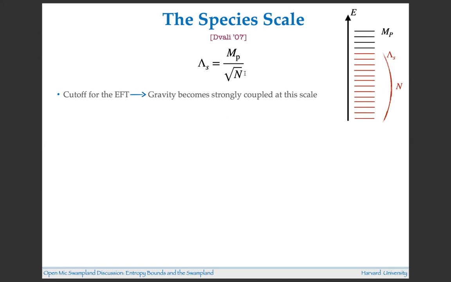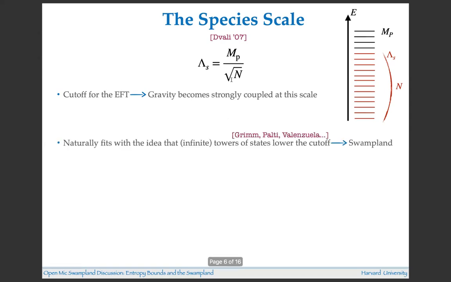So the cutoff for the effective field theory is corrected from the naive expectation by this factor of 1 over the square root of the number of light species. Interestingly, in connection with the swampland, it fits very naturally with the idea that once we have light towers of particles, the cutoff for the effective field theories must go to 0. So it can be nicely connected to the swampland distance conjecture.